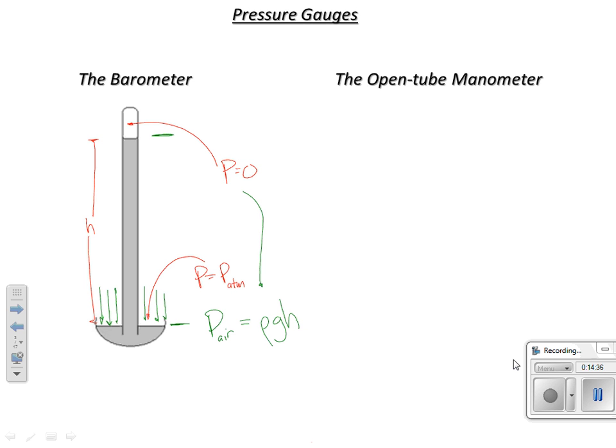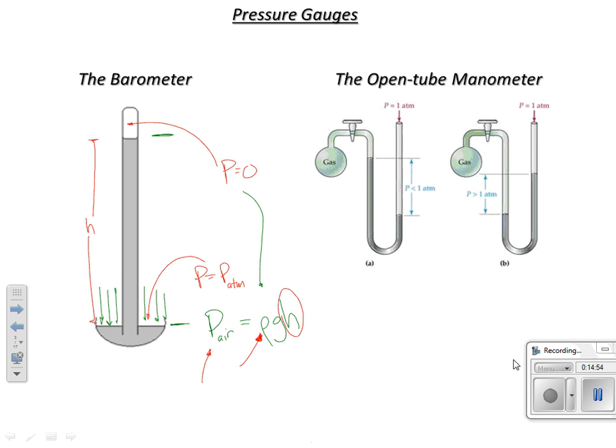So depending on the density of the fluid that you use in your barometer, air pressure will make the column reach a certain height. Okay? One way to measure pressure.